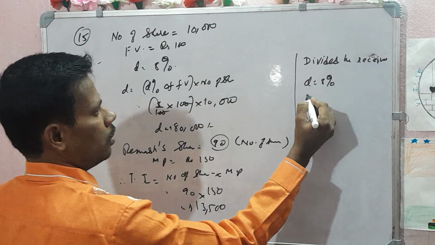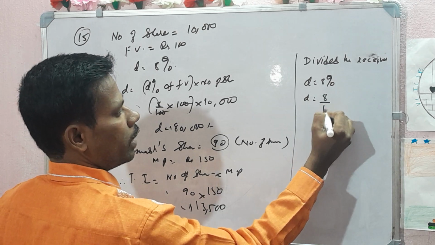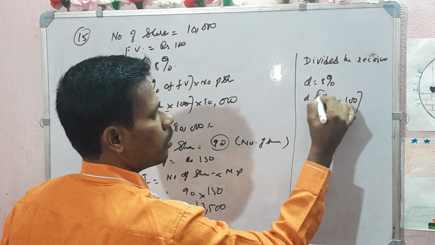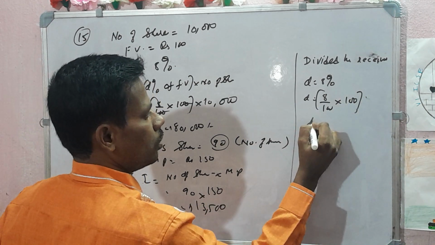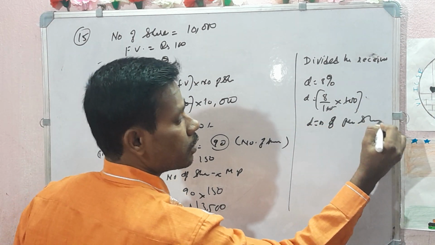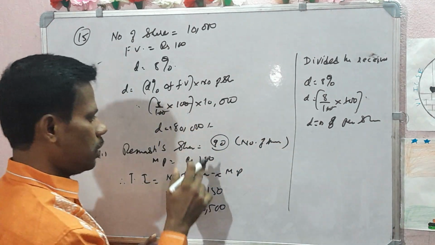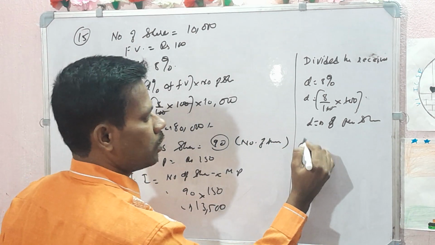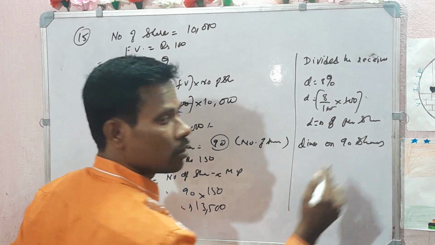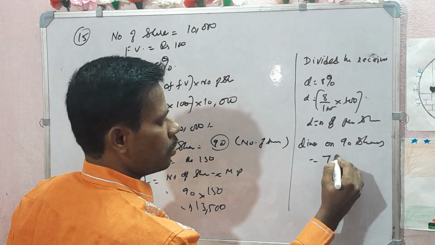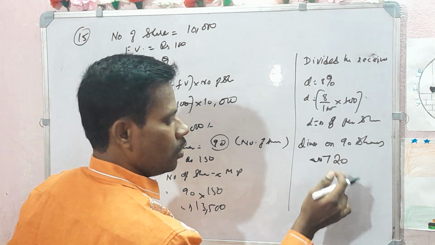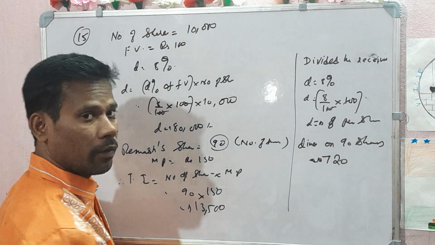So dividend is equal to 8 by 100 into face value, which is how much? 100. So dividend is nothing but rupees 8 per share. This is per share. So how many shares did he purchase? 90. So dividend on 90 shares is 720, right? So the company pays rupees 720.